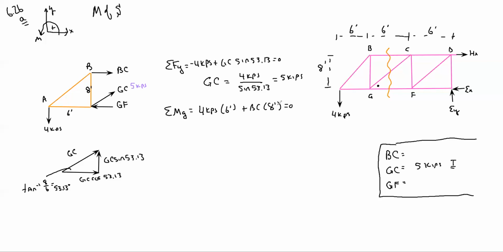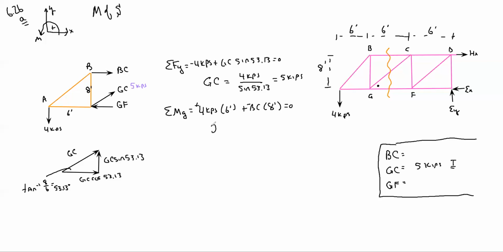Let's take a look at the rotation. We're rotating about G. The external force at point A causes a counterclockwise, positive rotation. The internal force generated at BC causes a clockwise, negative rotation.